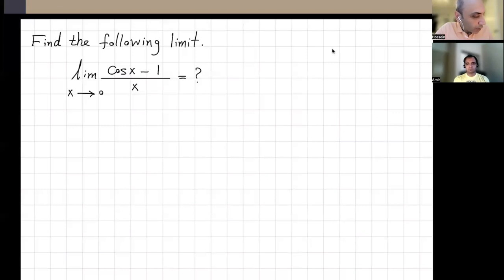Okay, so one of the identities is this one. Cosine of x, I'm going to write it as cosine squared of half x minus sine squared of half x. This is in terms of the half arc.